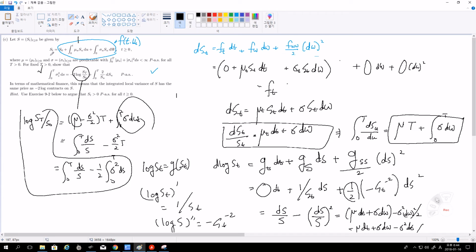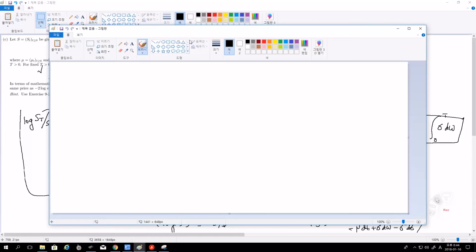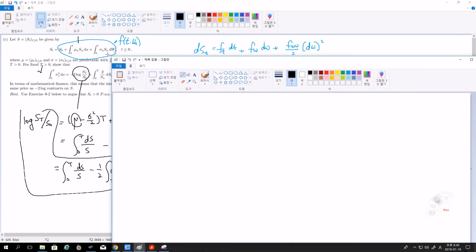So again, because it is very important, let me summarize what I did just before. Let me open another one. What I just did is, from this integral equation, the original equation, I just took the derivative, and I derived dS_u is sigma_u dW_u.